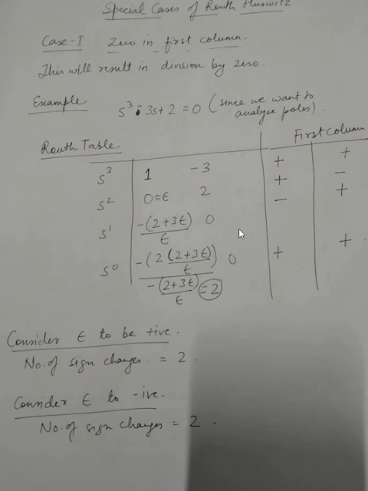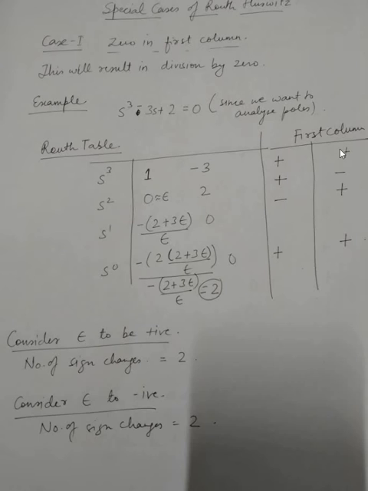Let's say I would have considered epsilon to be negative. Then what would have happened? This is positive. Epsilon is negative, so this is negative, and since epsilon is negative, negative negative will cancel. So 2 by epsilon will be positive, so it again becomes positive, and this is positive only. So again you will see that you have two sign changes in the first column, positive to negative, and it again becomes positive.